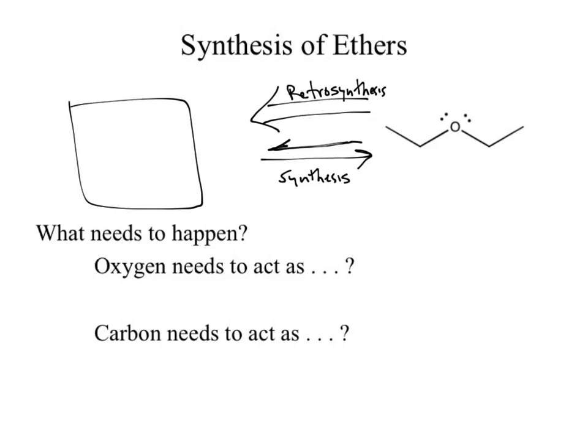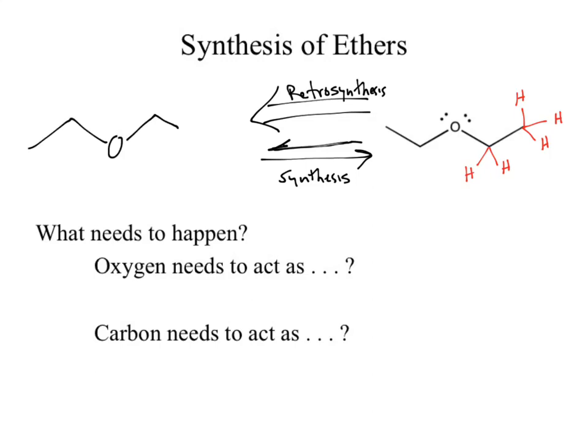What's going to be the easiest bond to make? What do I mean by that? Well, let's draw on some other atoms. Would we expect our starting material to be something along these lines, with a negative charge out on that last carbon?